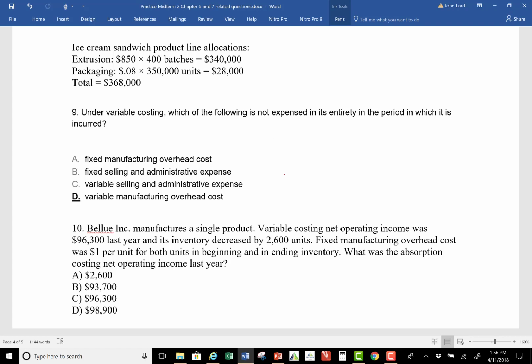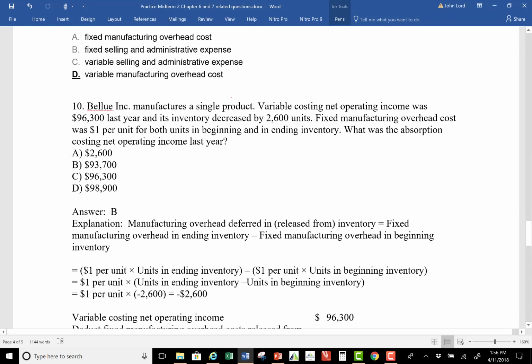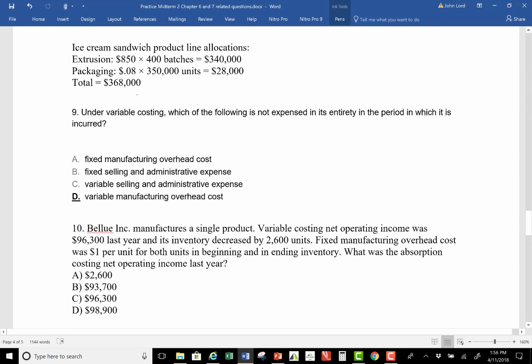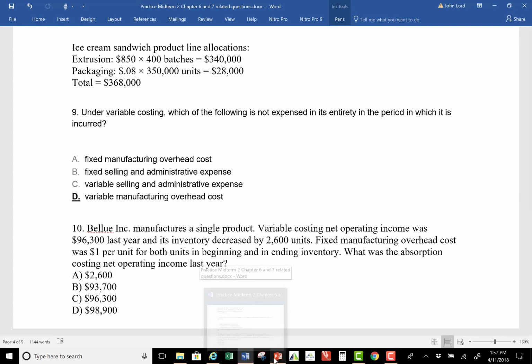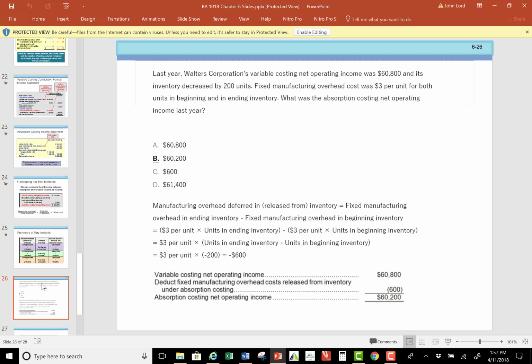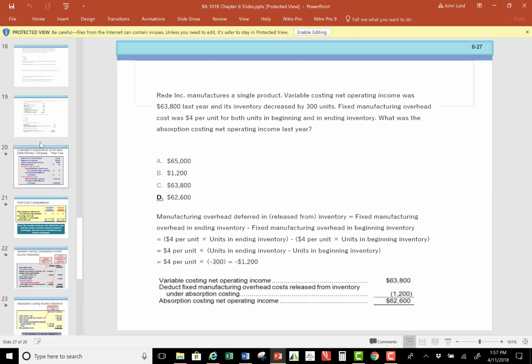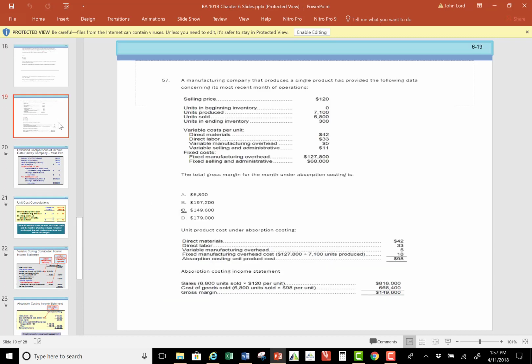All right. So you start to take a look at these questions, starting with number 10. The meaning of the question is that, let me find one of these questions, we had a couple of those where we had to do it by unit.